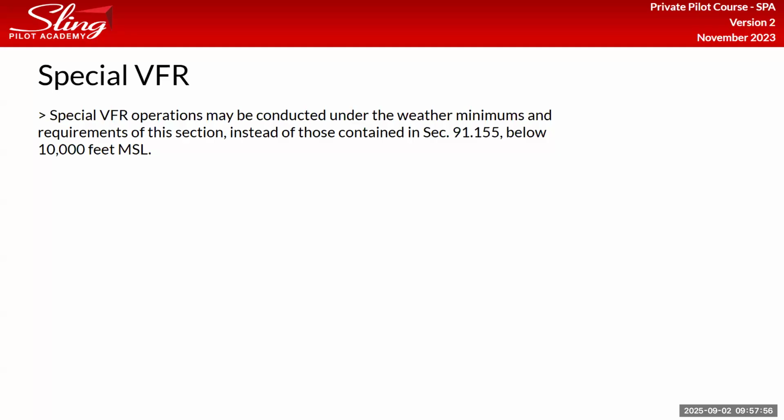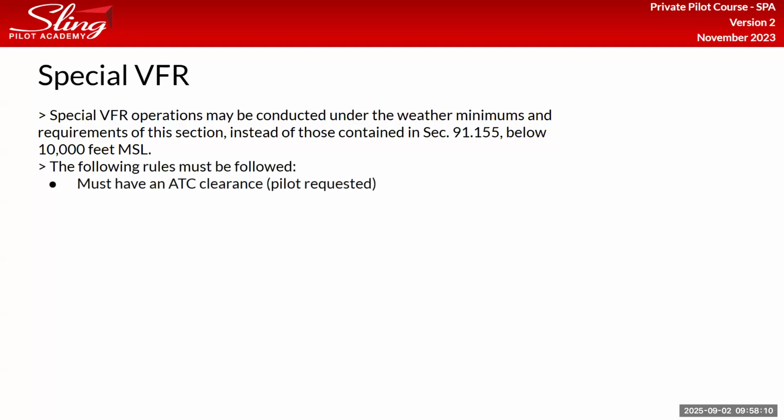You would ask for this if you want to operate under VFR weather minimums, but you have the ability to stay clear of clouds. You have to request it from ATC, and you must remain clear of clouds.